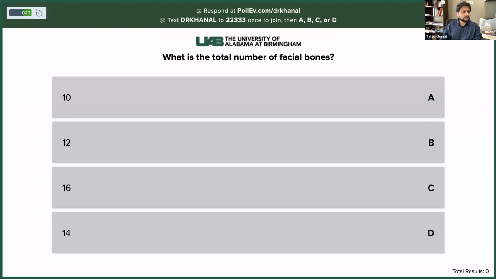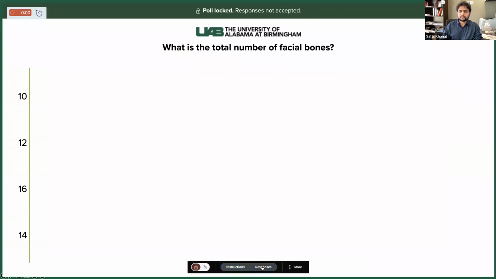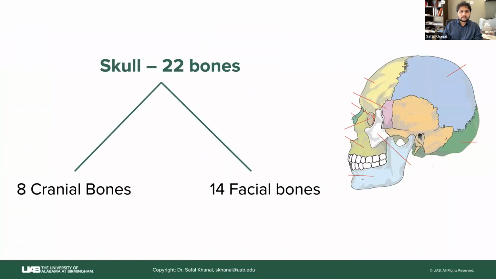If you click on it, you should be able to see these options and pick one of those. Okay, looks like we did not get any response, but the correct answer is 14.